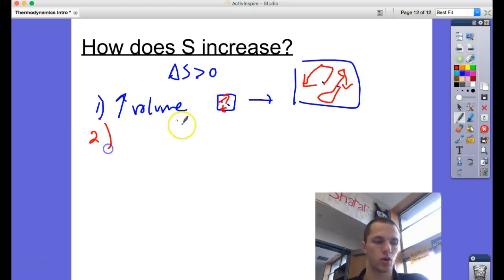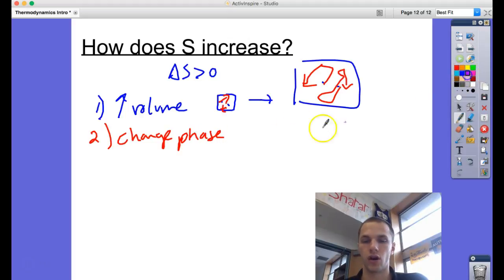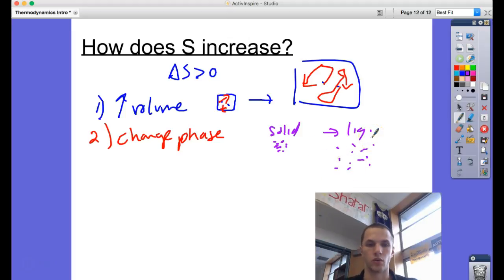We can also change phase. This is a big one. So if we go from a solid, molecules all really close to each other, to a liquid, molecules a little bit more spread out, here there's a lot more combinations of disorder, unorganization. So going from solid to liquid or liquid to gas, that's going to increase our entropy.